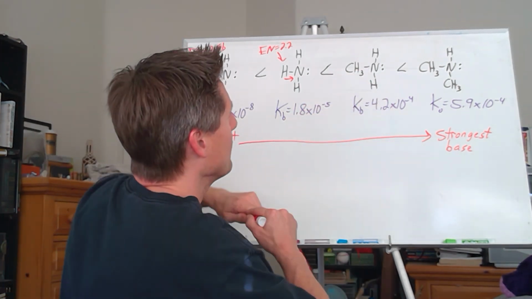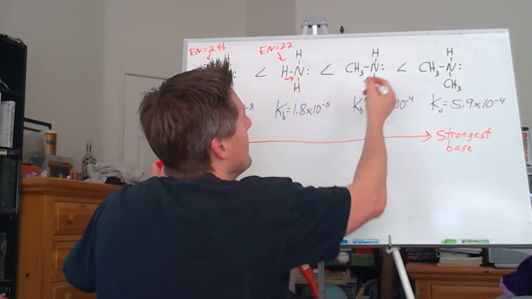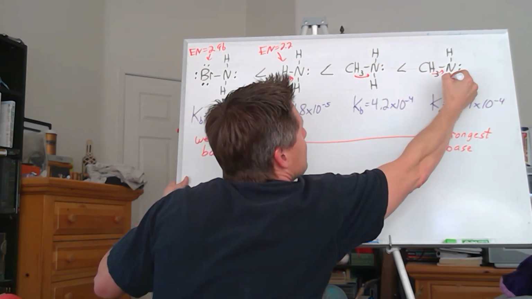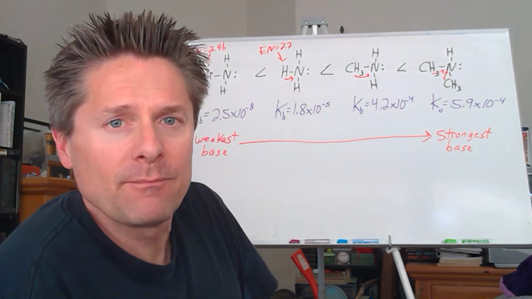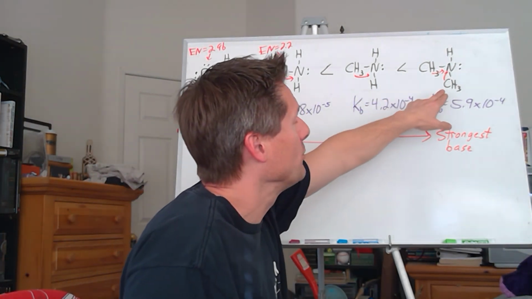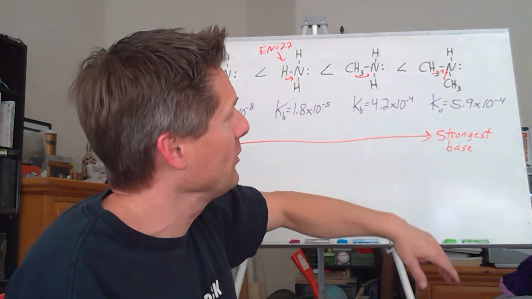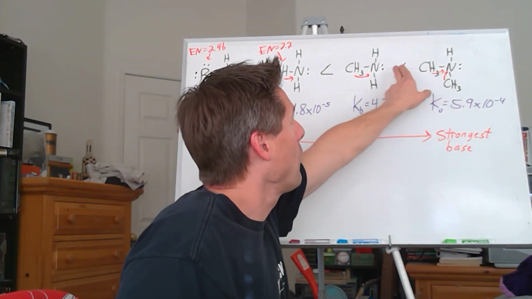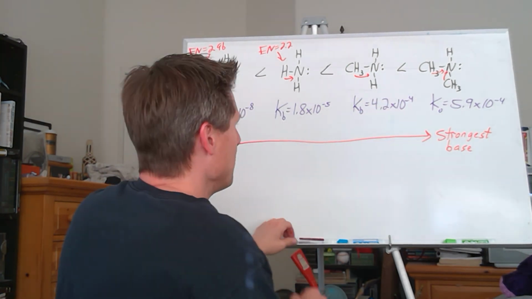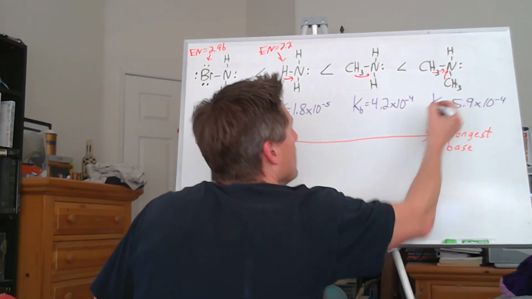So what's happening here, as you put these organic groups on there, is that nitrogen is pulling more electron density towards itself from those organic groups. And the more carbon groups you put there, or the larger that carbon group is, the more electron density that nitrogen is going to have, the higher the Kb value, and the stronger the base.